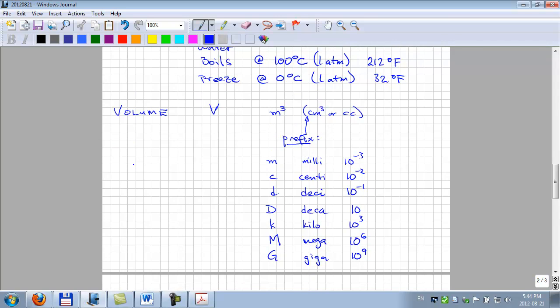So this centimeters cubed is the same as writing centi, which is 10 to the minus 2, times meter, all of that cubed. So if we write centimeters cubed, then it's 10 to the minus 2 cubed. So that is 10 to the what? Minus 6th cubic meters.